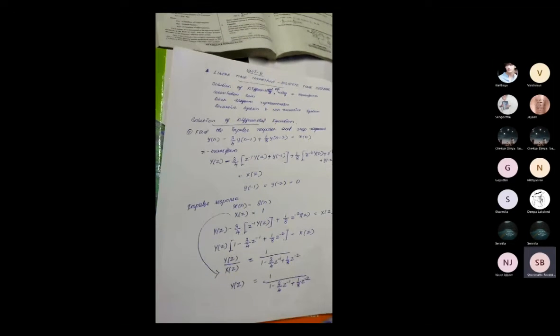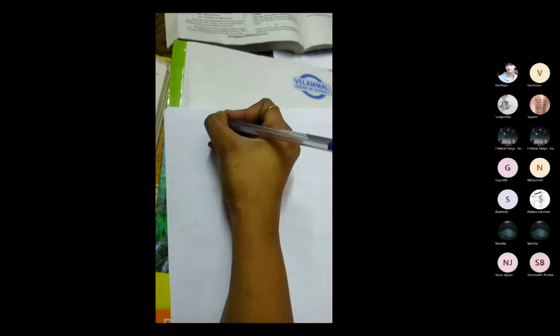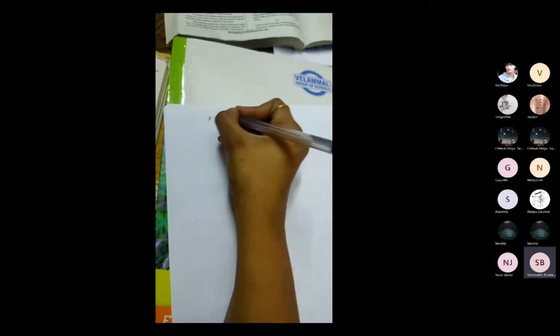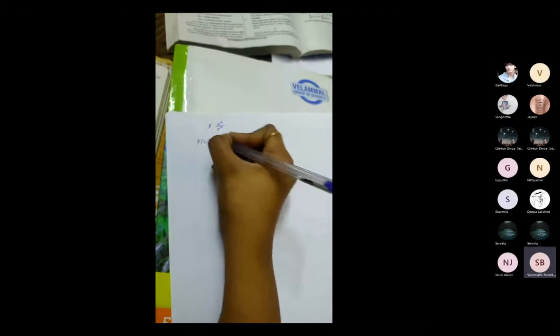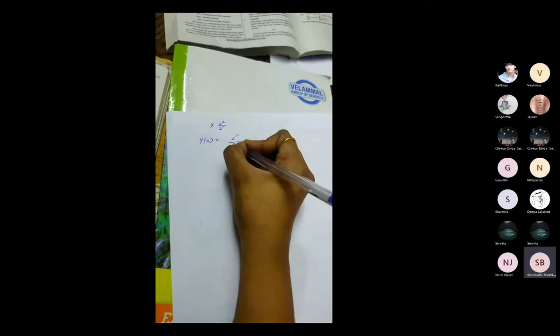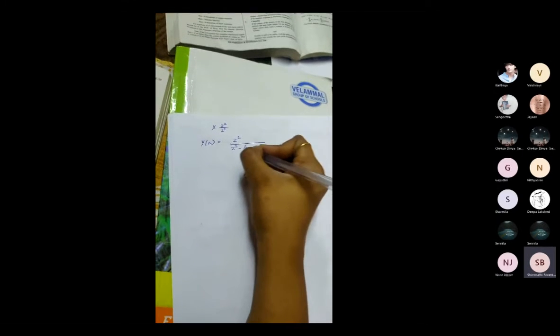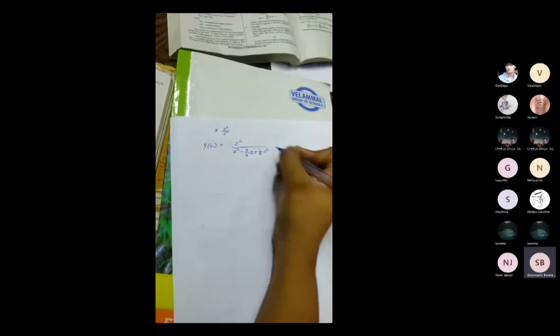Multiply your Z square. So multiply Z square in numerator and denominator. You will get y of Z will be equal to Z square divided by Z square minus 3 by 4 Z plus 1 by 8.